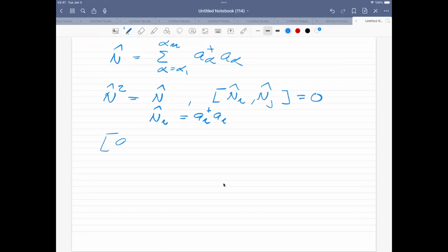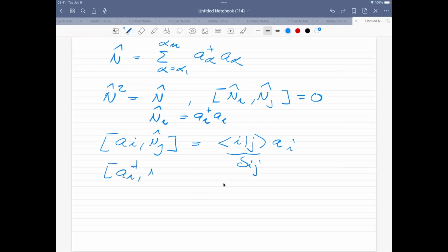And then we have another important rule here, which we are going to use a little bit later in connection with other methods. This is given by delta_ij A_i. And finally, so this is just the Kronecker delta, delta_ij. And then finally, we have A_i dagger with a number operator, which is equal to minus delta_ij multiplied with A_i.